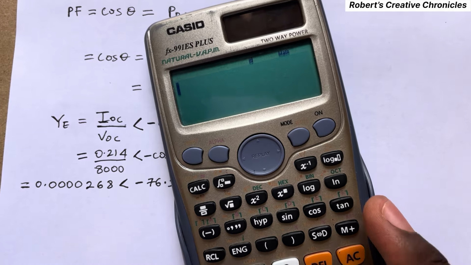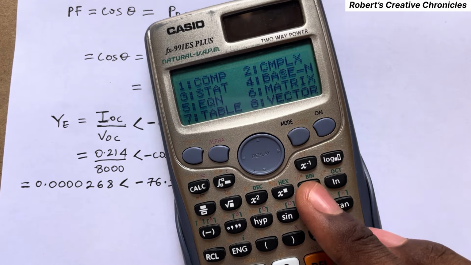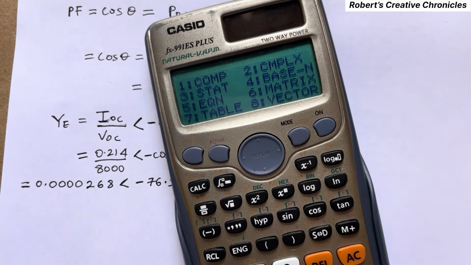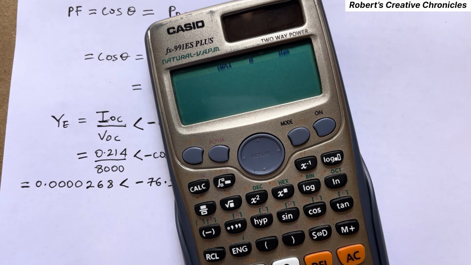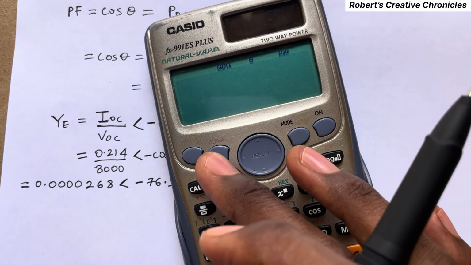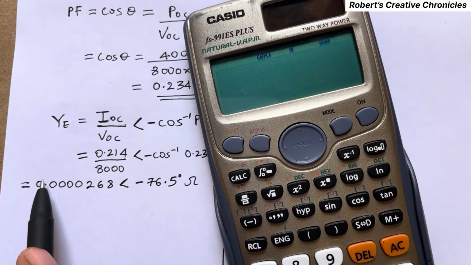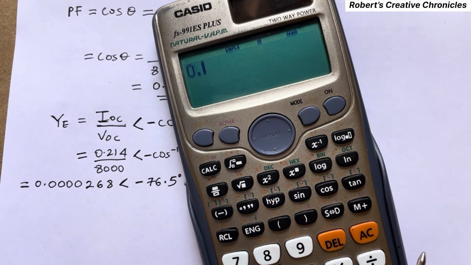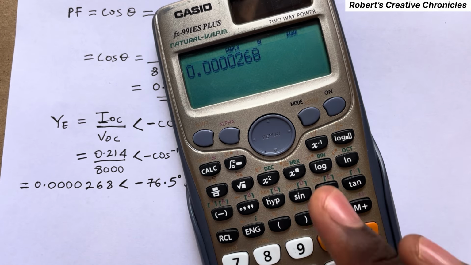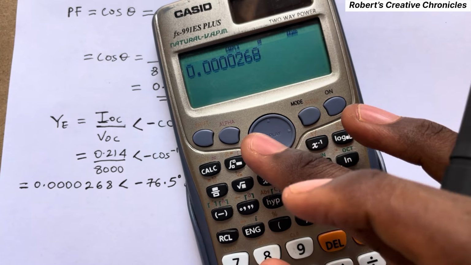So to do that, we will change the calculator to complex mode, that is mode 2. Then you take this, 0.0000268, then you press shift.